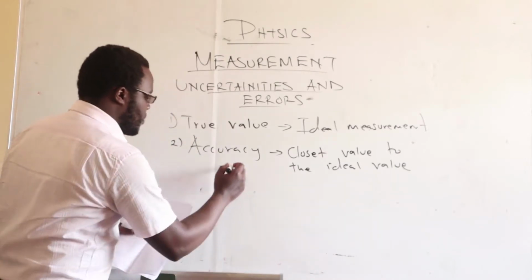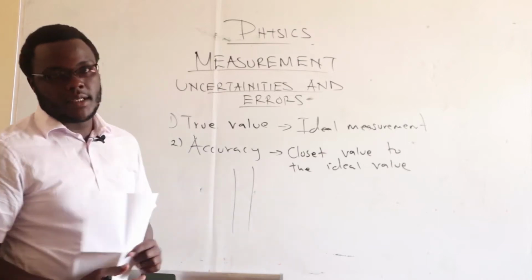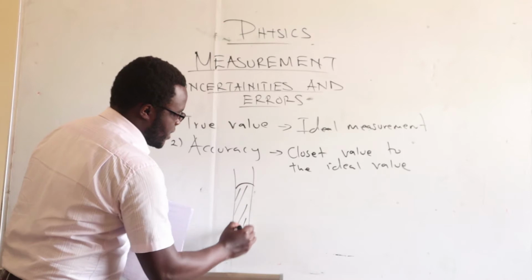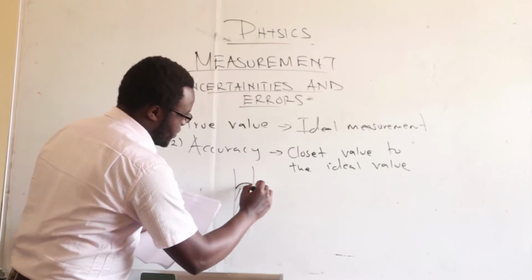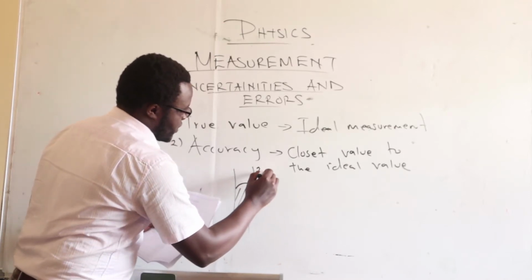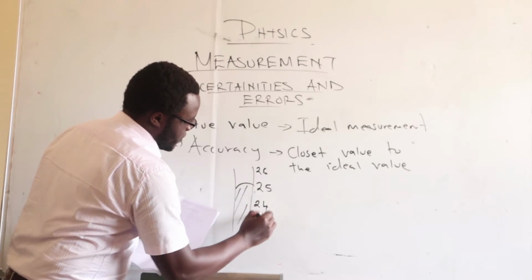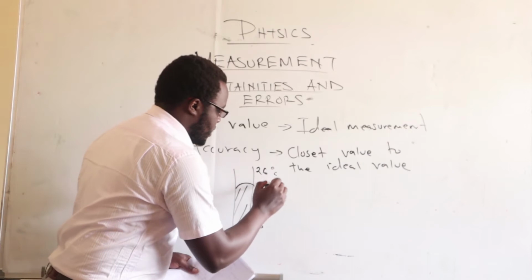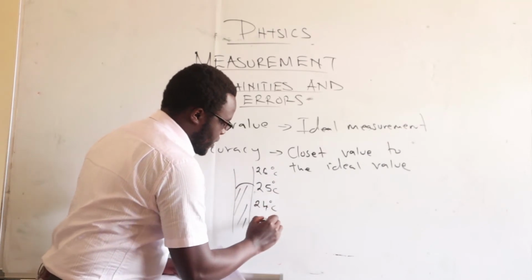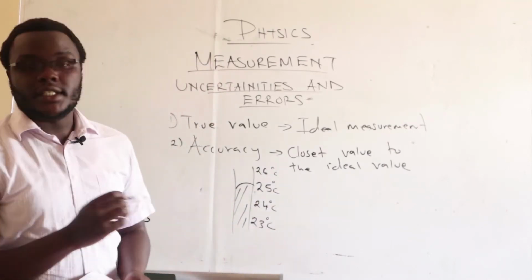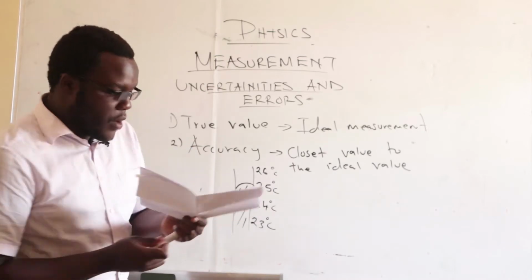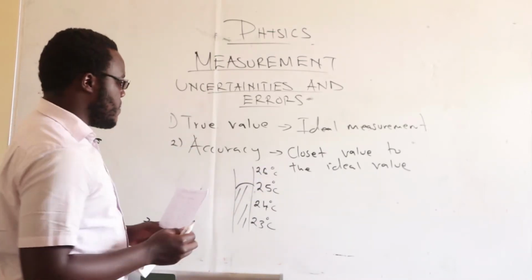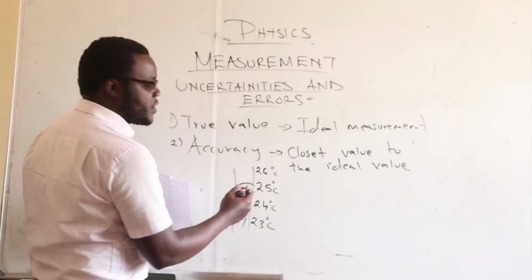Let me give an example. When you're taking the temperature from a thermometer, we can have our readings as maybe 25, 26, 24, and 23, all in degrees Celsius. So when you are calculating the temperature from this thermometer, we can say that the true value might not necessarily be 25.